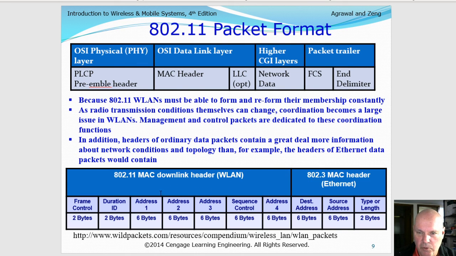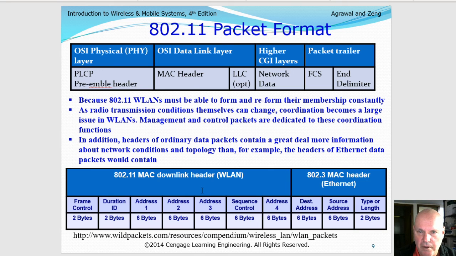These are to support not only the source and destination, but also two mobile systems communicating through an access point. So in that case, there are 3 addresses necessary, depending on the purpose of the packet. Other addresses that may be present include the SSID address.